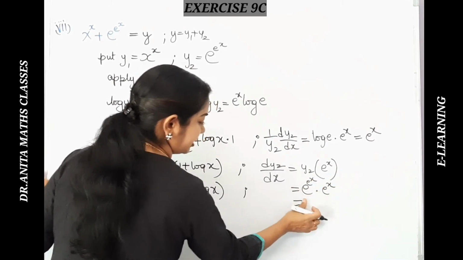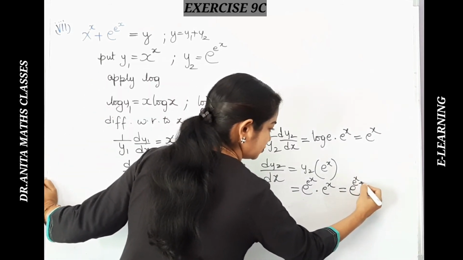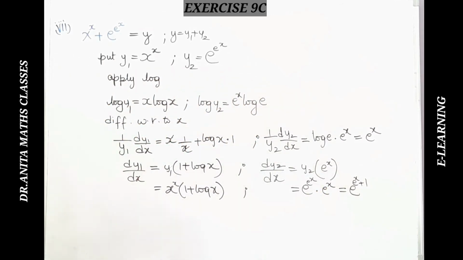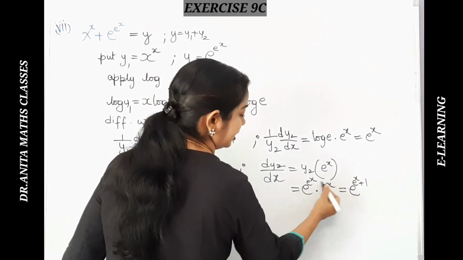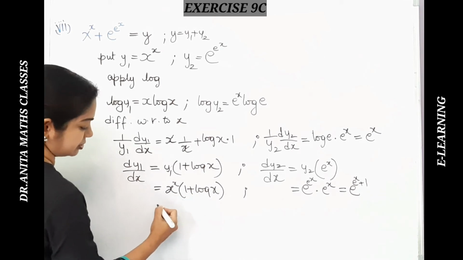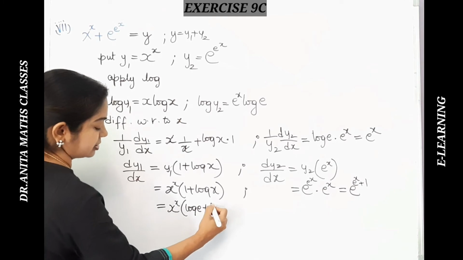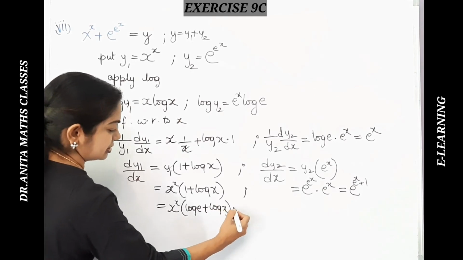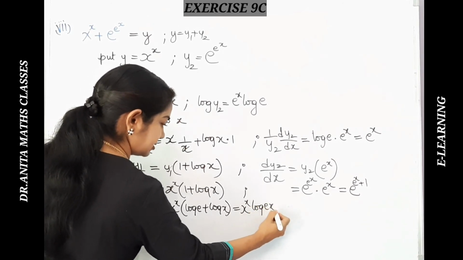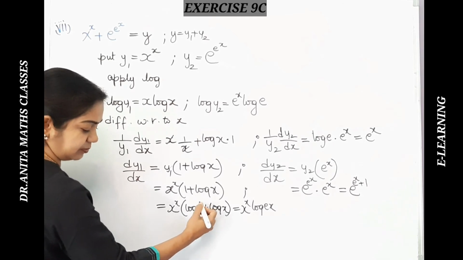This we can simplify and write as e raised to the power of e to the x plus x, applying the exponential rule: a to the power of m into a to the power of n, we add the exponents. Also, 1 plus log x I can write as log e plus log x, so this becomes x raised to the power of x times log of ex, the product rule of logarithms.